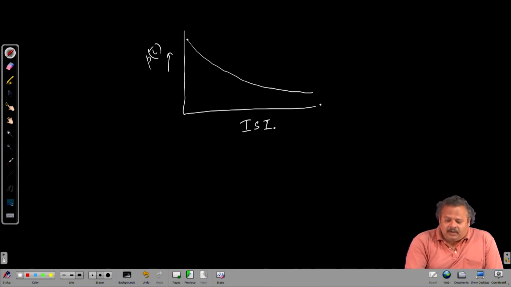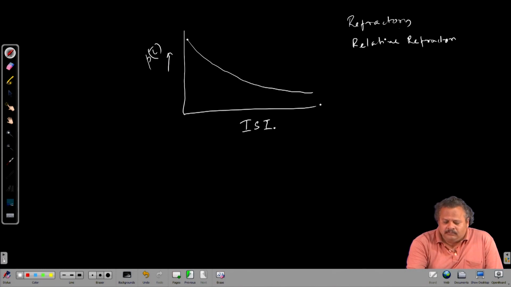However, because of the absolute and relative refractory periods that we have studied, we cannot get any spikes at this short interval, which is the absolute refractory period, about a millisecond or so.